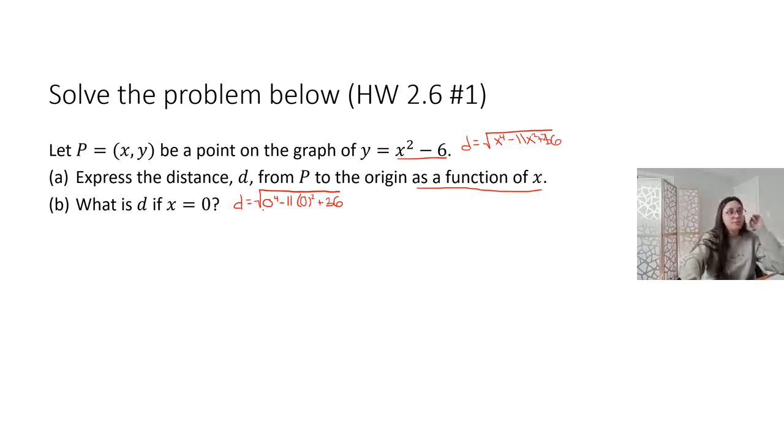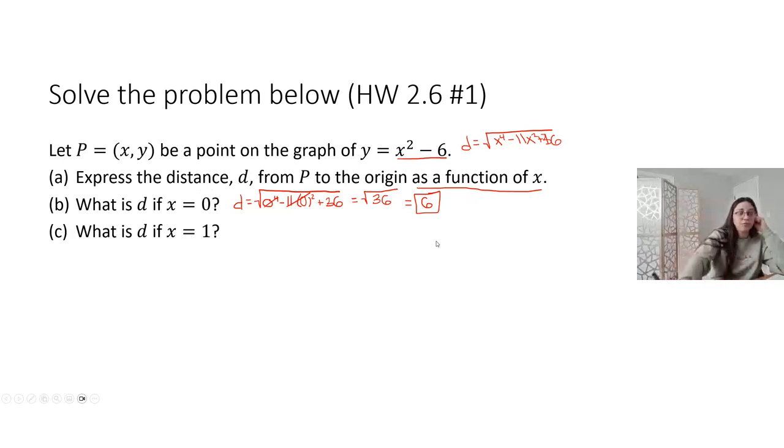Both of these terms just zero out, so I have just the square root of 36. 36 is a perfect square, so the square root of 36 is 6. So the distance if x is 0 from the origin is 6.